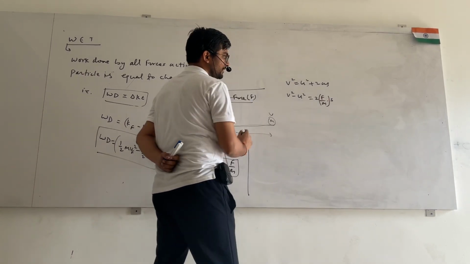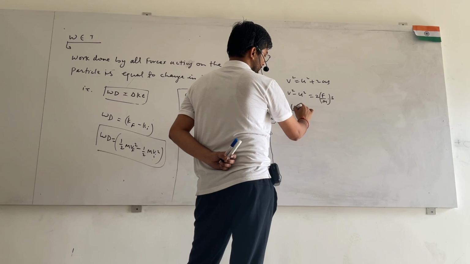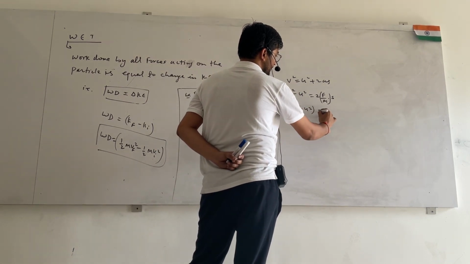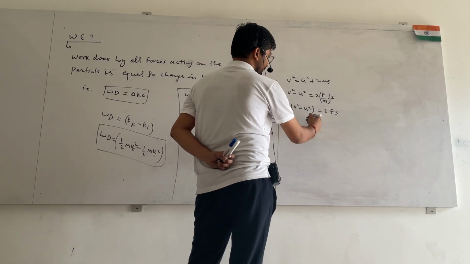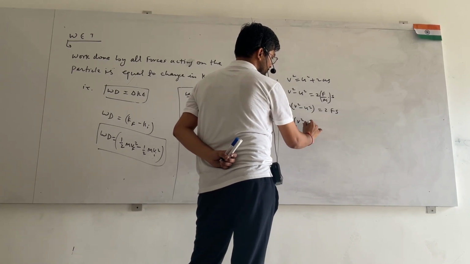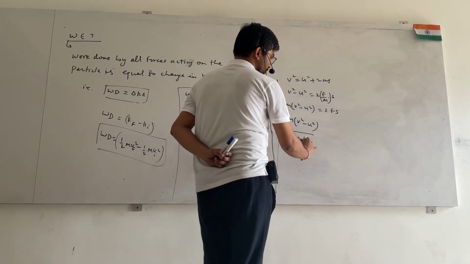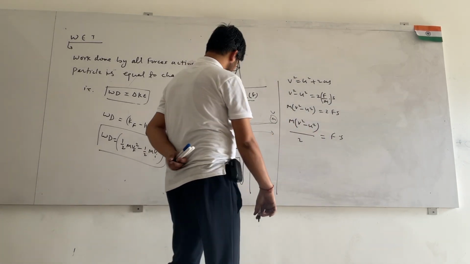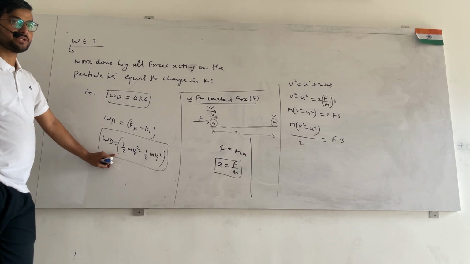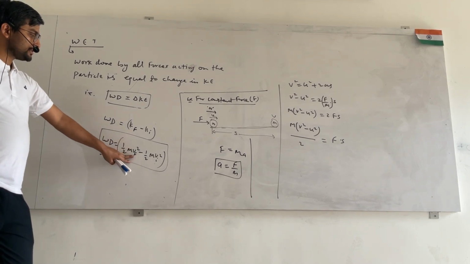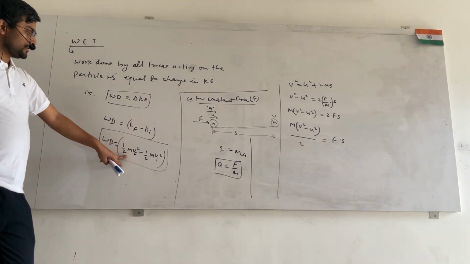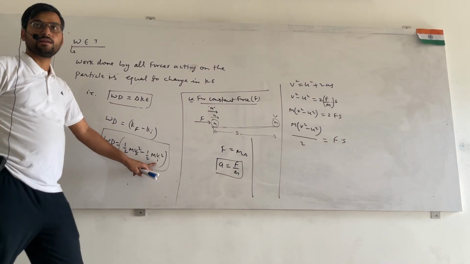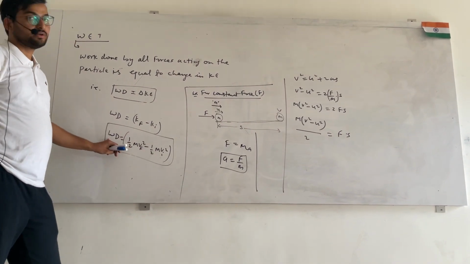So m is multiplied there. So m into v square minus u square is equal to 2Fs. So this formula is m times v square minus u square by 2, that is F into s. According to the work energy theorem, the final kinetic energy of the particle minus the initial kinetic energy of the particle is equal to the work done.